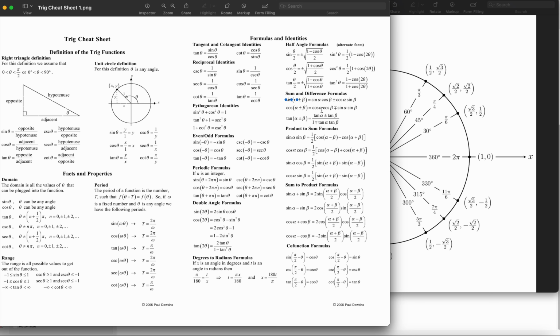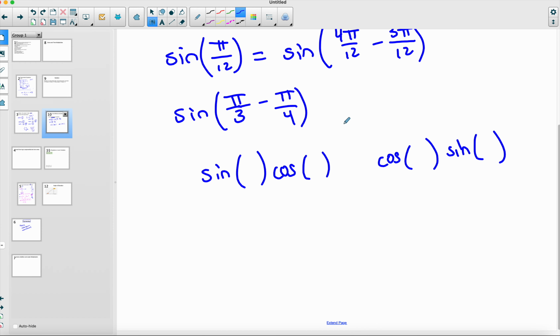For cosine it's cosine, cosine, sine, sine. And then tangent of the first, tangent of the second, over 1 plus or minus the product. You just have to memorize whether you're following the sign or doing the opposite of the sign. If you have it in front of you, you obviously don't have to memorize it, but that's just a little trick to memorize them.